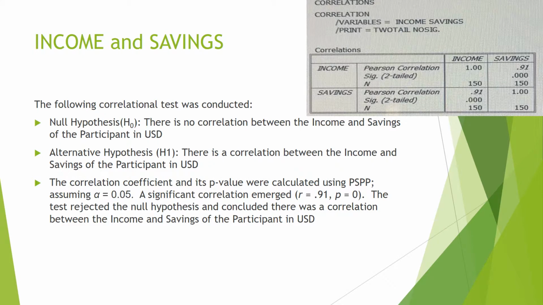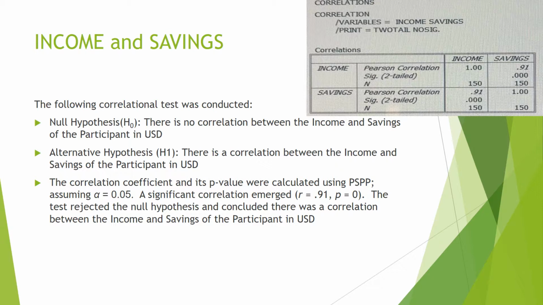Likewise, let's see the test result for income and savings. So null hypothesis will be there is no correlation between the income and savings of the participants in US dollar, and the alternative hypothesis will be there is a correlation between the income and saving of the participants. And if we look here, the R value is 0.91, very strong, closer to 1, meaning there is a very strong relationship between income and saving.